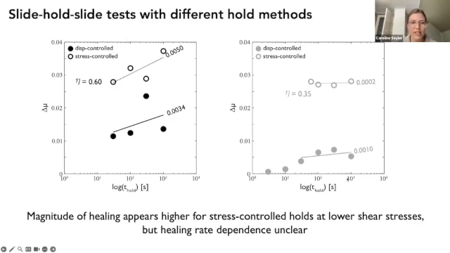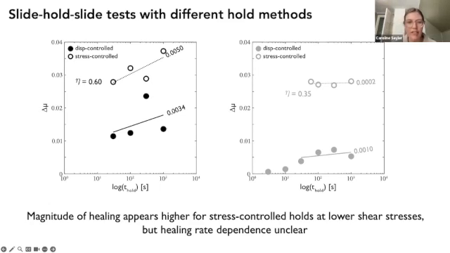In the two tests, you can see that in agreement with Carrie's results, we get higher total healing with the stress controlled holds. So if the stress is lower, you get more healing. However, Carrie's results didn't report the rate of healing.